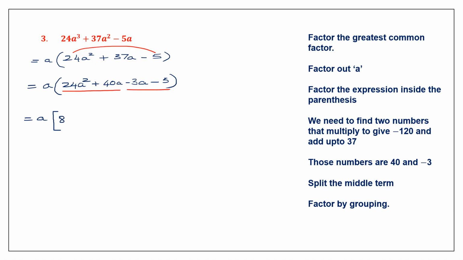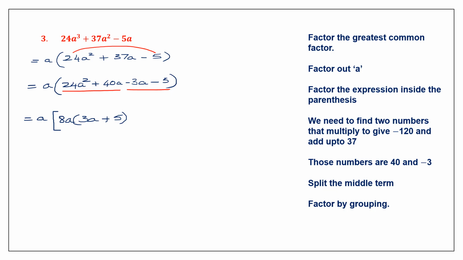As you can see, a is also common, so we take a also out. So now here we have 8a into what will give us 24a square. 8 3s are 24 and the a as it is, plus 8a into what will give us 40a. 8a into 5. 8 5s are 40 and we have the a.